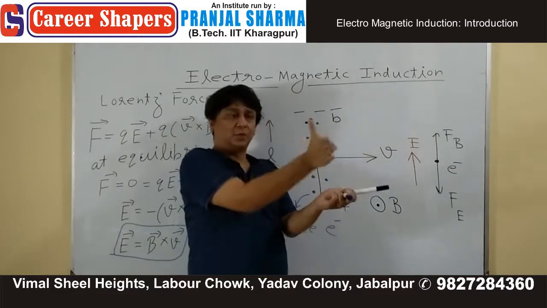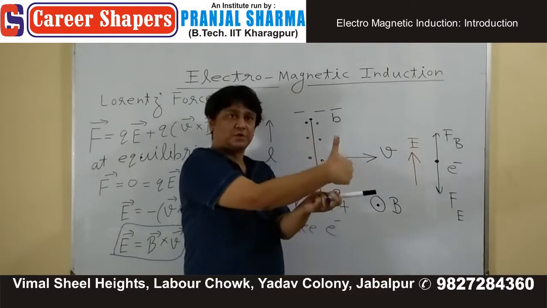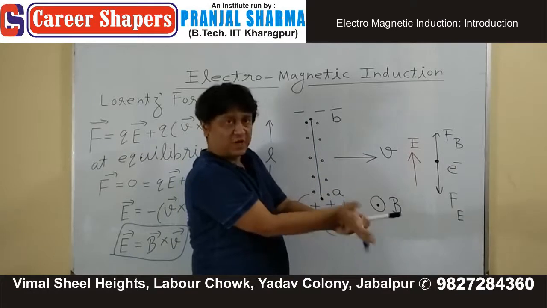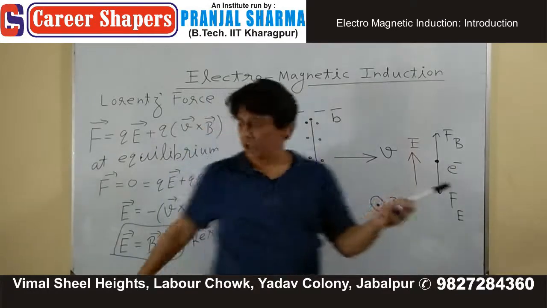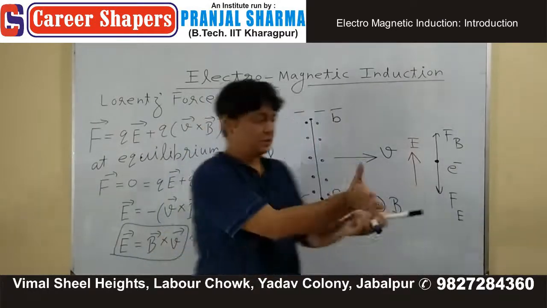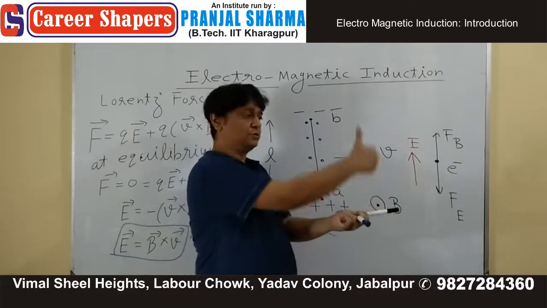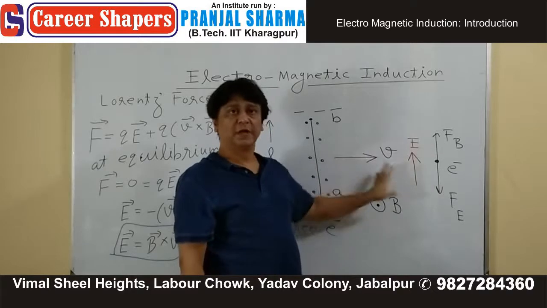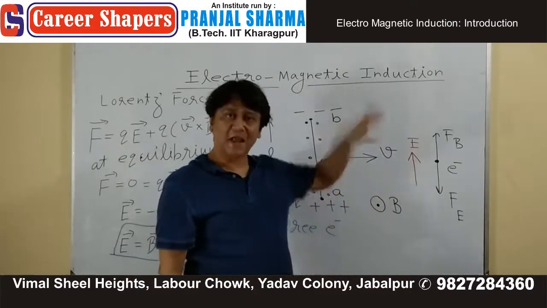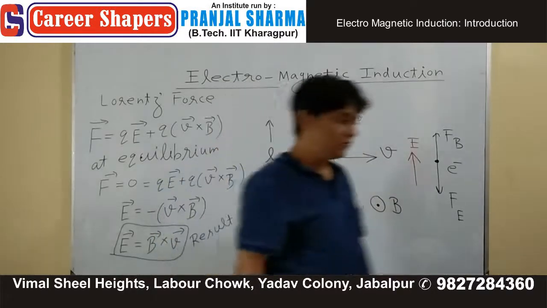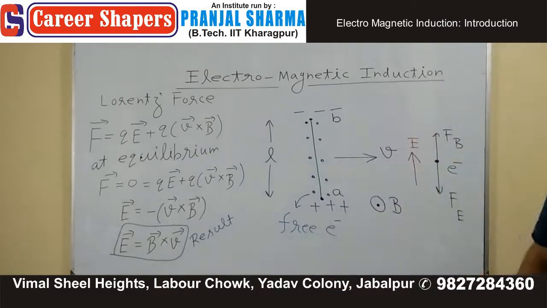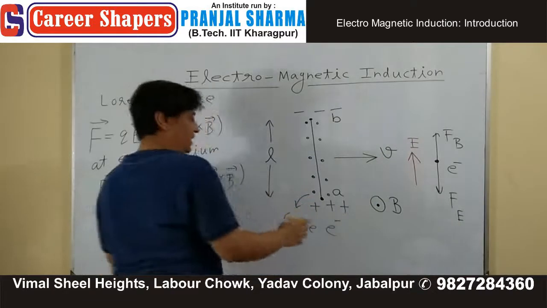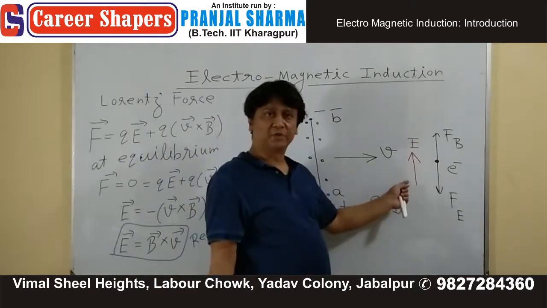If you keep your thumb up, you are curling from this side to this side. Now this is B, this is V, and the curling should also be from B to V. That immediately tells you the direction of electric field is up. In this case, and now for any case, you have the idea of the electric field. Now, the moment you got the electric field, I'm removing this.